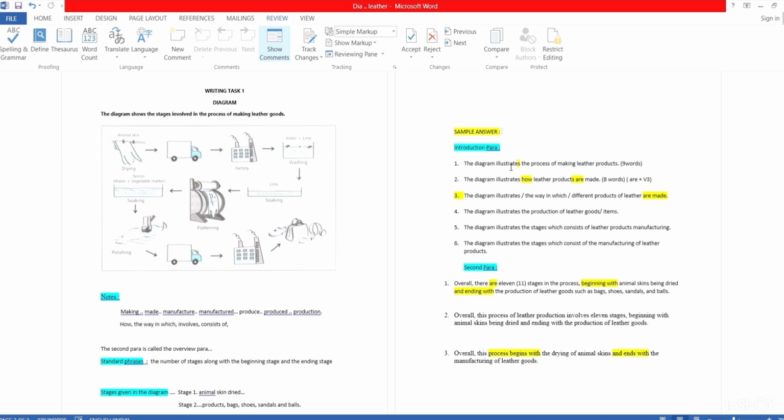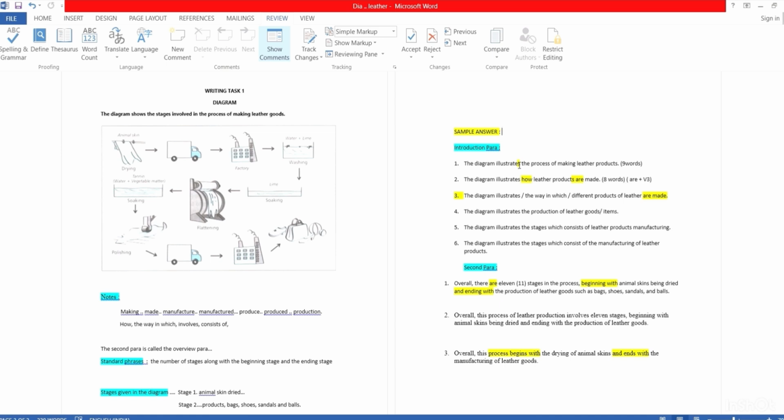Next word is illustrates. Fix to one word so that you can use this particular verb in all your other report writing tasks also. So stick to one word, which is illustrates, and it fits all the different types of writing task 1 questions. The small grammar aspect you have to consider is the use of S here.